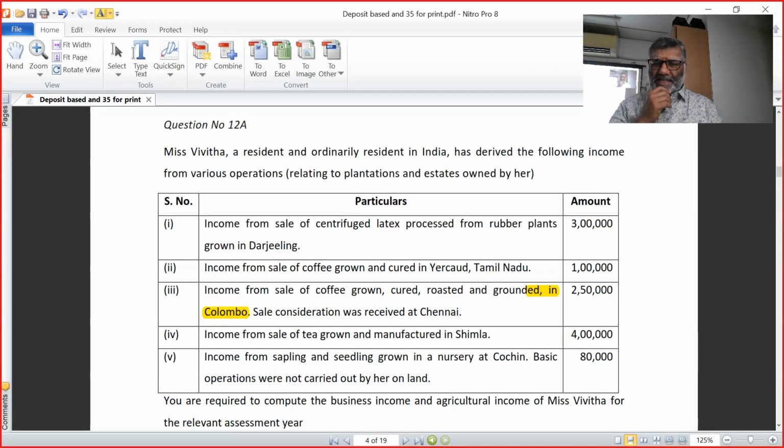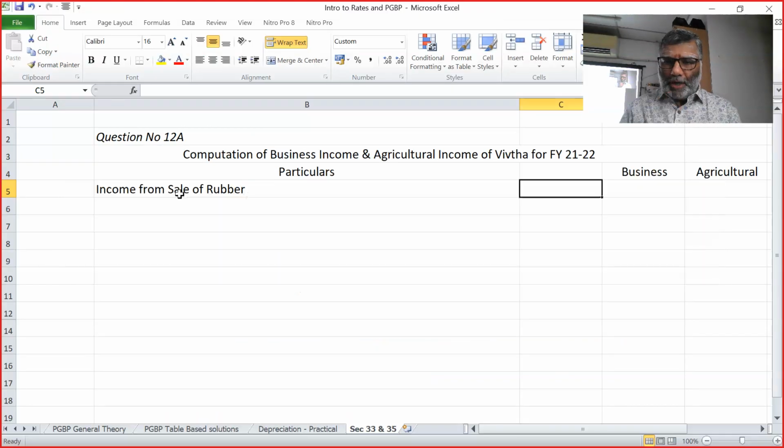Rubber, 65-35. The larger portion goes to agriculture, the smaller portion goes to business.